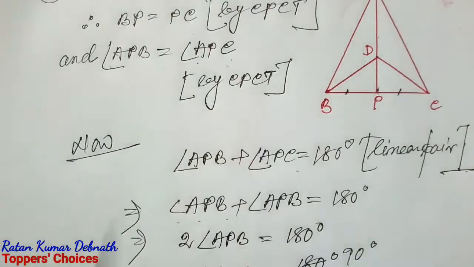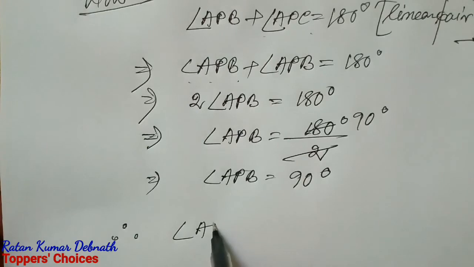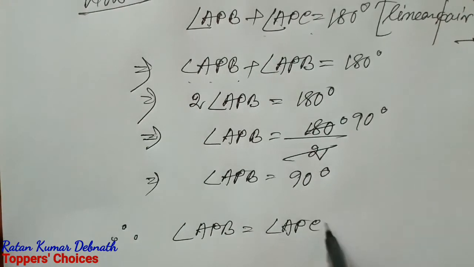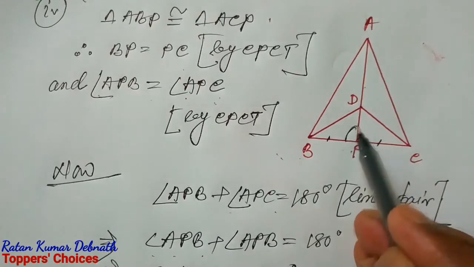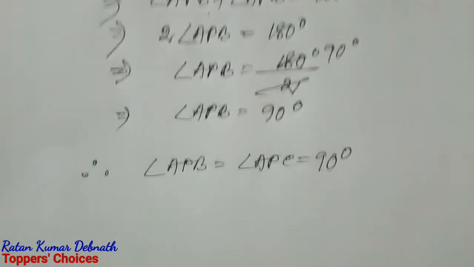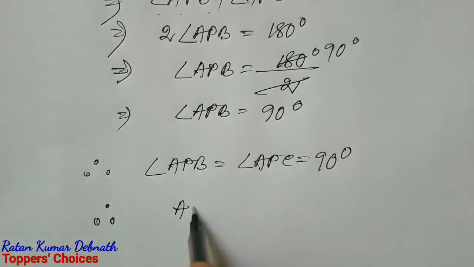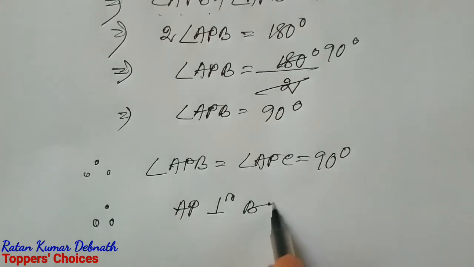Since these two angles are equal, therefore angle APB equals angle APC, both are 90 degrees. That is, angle APB, this angle, and angle APC, this angle, both are 90 degrees, so AP is perpendicular to BC.